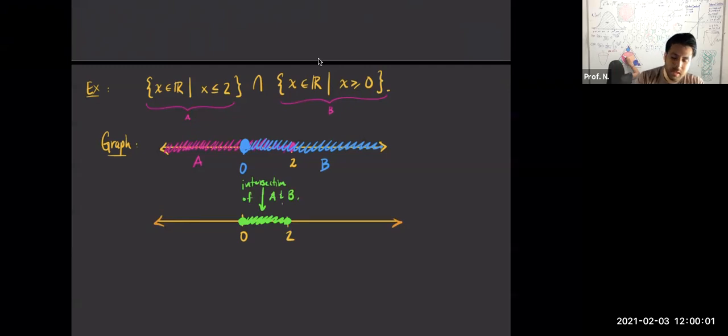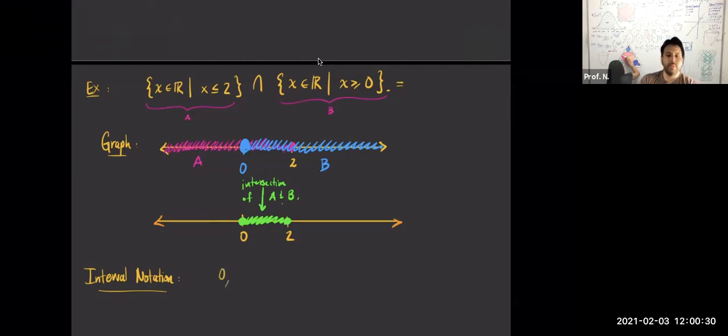And then what would be the interval notation for this? We care about the overlap. We can rewrite this later in set builder notation, but what would be the interval notation? It's only from 0 to 2.